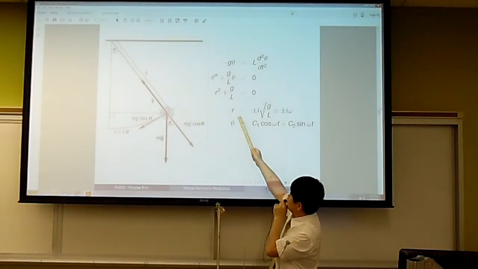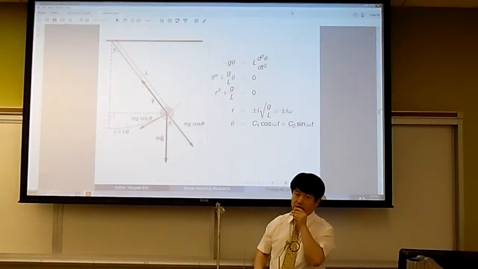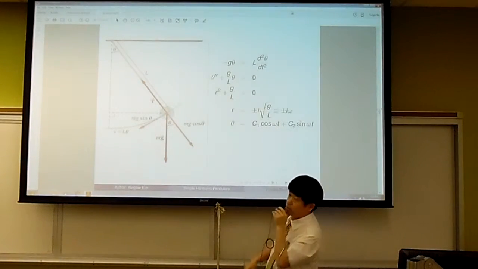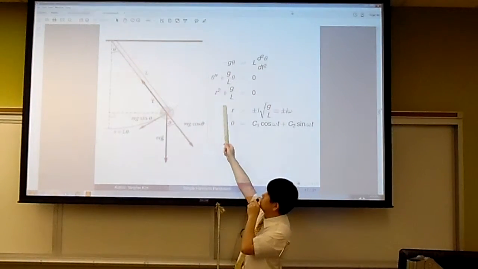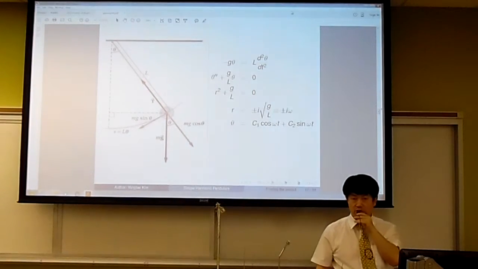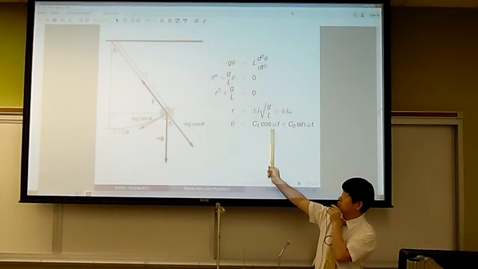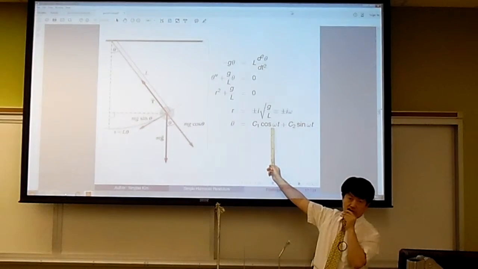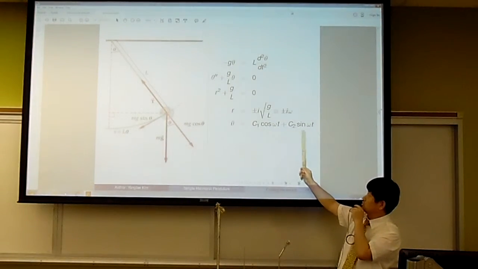Once we have the root expression of our characteristic equation, then you can write the answer of the differential equation. The theta that we want is some constant times cosine omega t plus another constant times sine omega t.